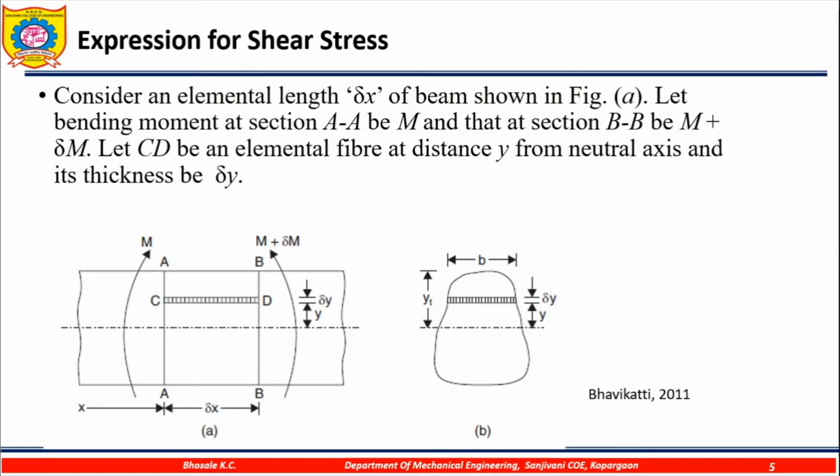Let the bending moment at section XX, or section A, be M, and at section BB it will be M plus delta M. Because the bending moment at that side will increase somewhat, that increment is delta M.